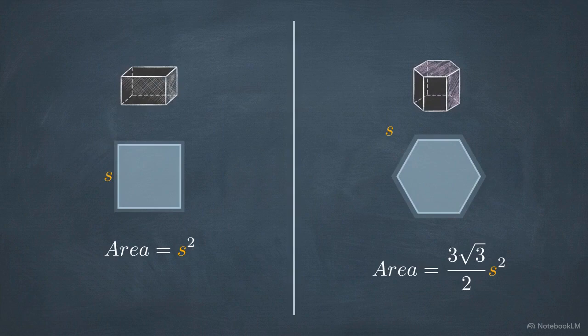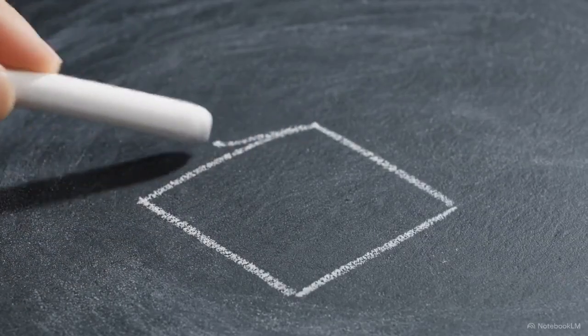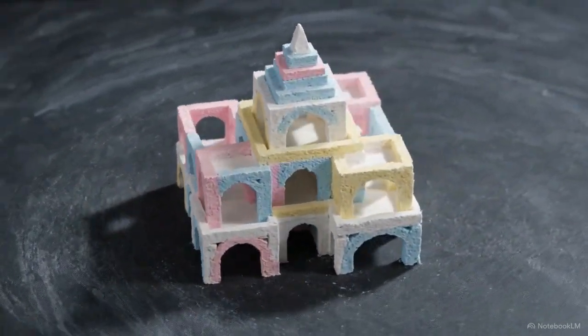A square requires a completely different formula than a hexagon. For example, calculating the base area of a triangle might require specialized tools like Heron's formula, utilizing the semi-perimeter of the base. Determining the surface area of complex three-dimensional structures is a direct extension of one-dimensional perimeter and two-dimensional planar rules.